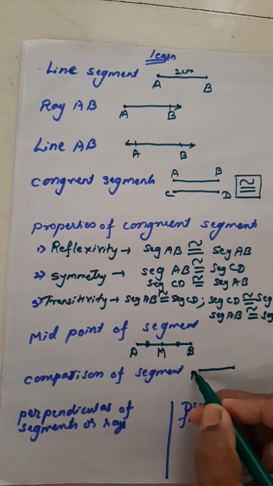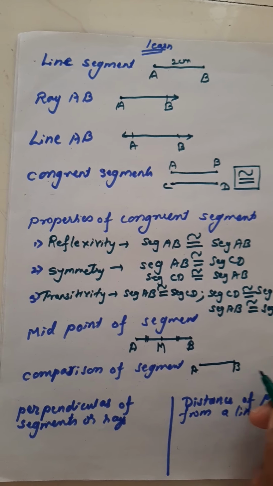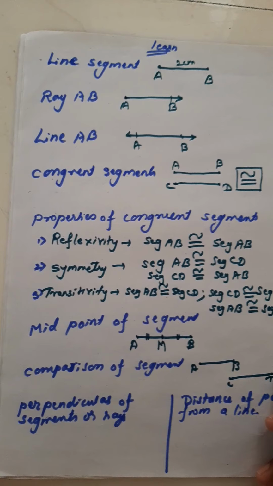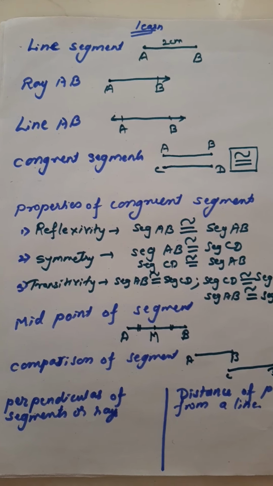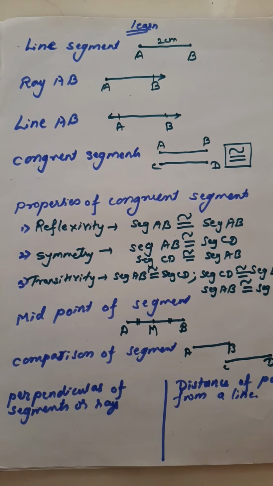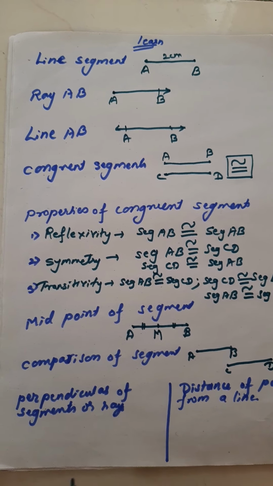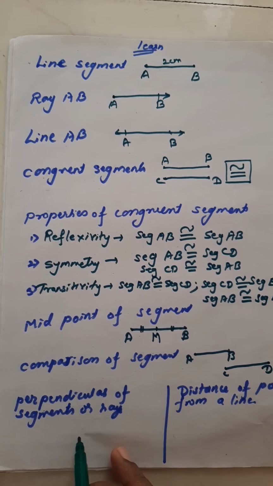Now, next it is comparison of the segment. If two segments are of different measures, but we have to compare them, this is called comparison of the segment. Now, next point, it is perpendicularity of segments or rays.